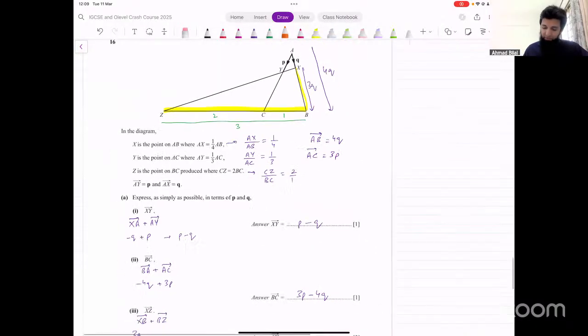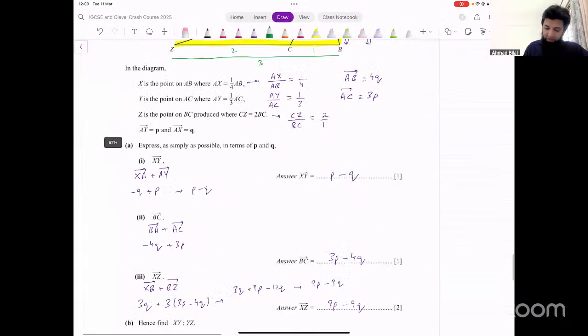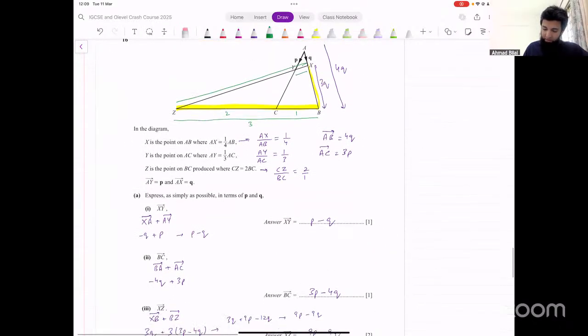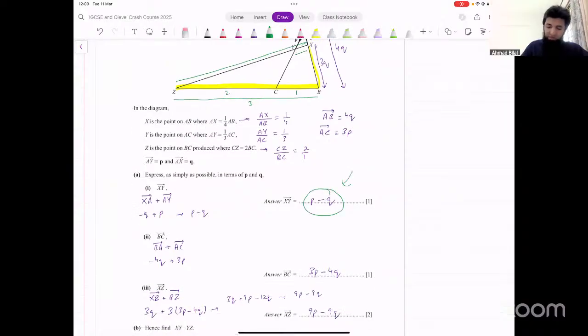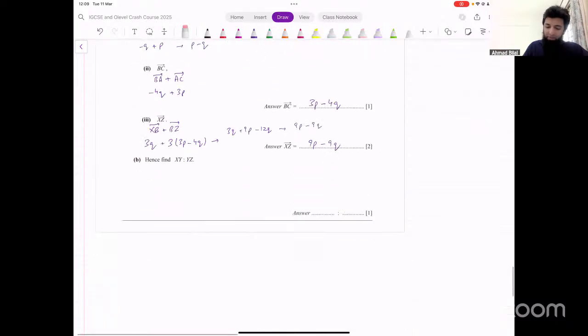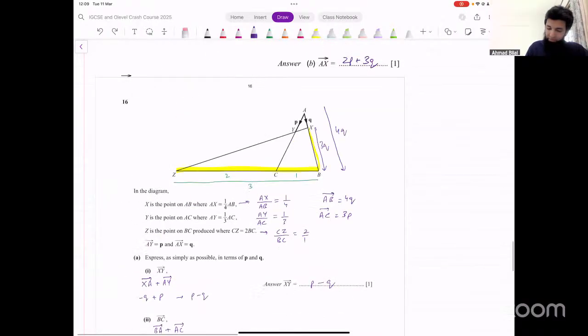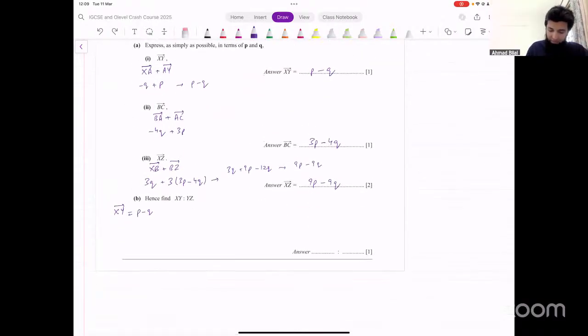We know the vector XZ. We have found that. XZ vector we have found. And we also know the vector XY. We found that in the beginning. XY was P minus Q. Let me write both of them down here. XY vector was P minus Q. XZ vector is what you've just found.